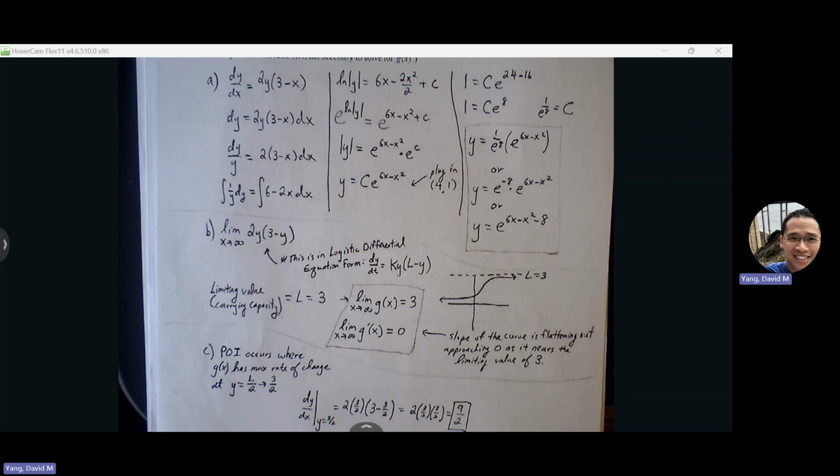Yeah, they're asking for a G. So the first equation is involving F, the second one is involving G. Okay. Page 18, unless you have any questions.